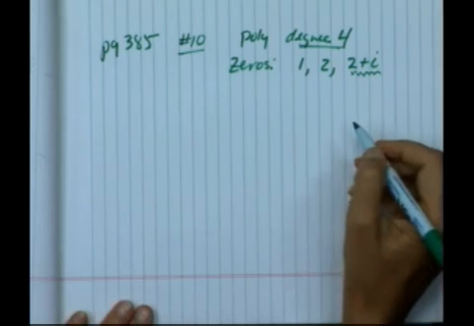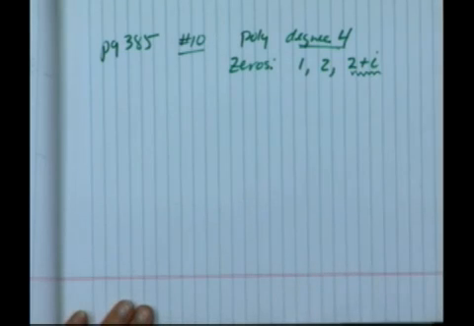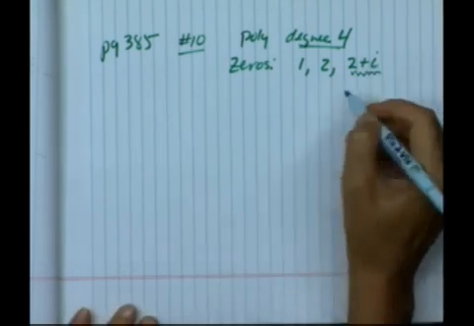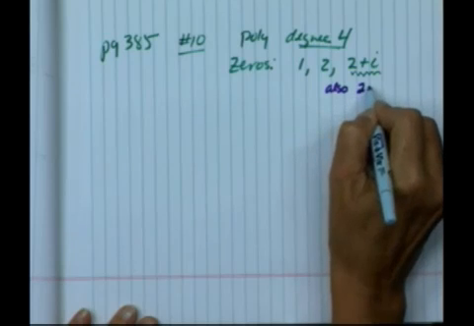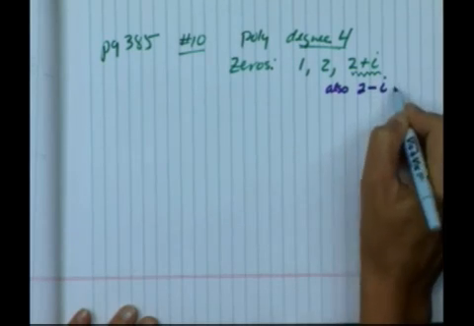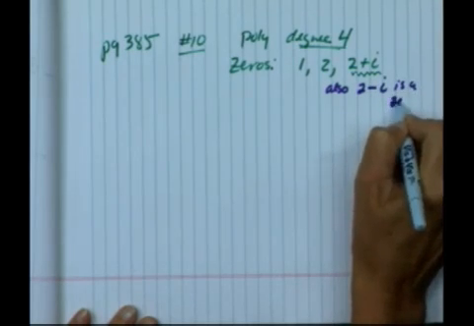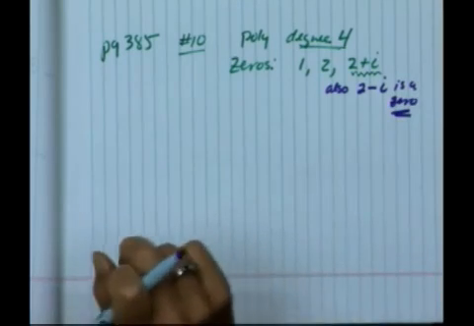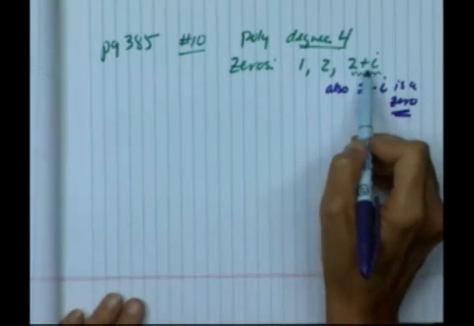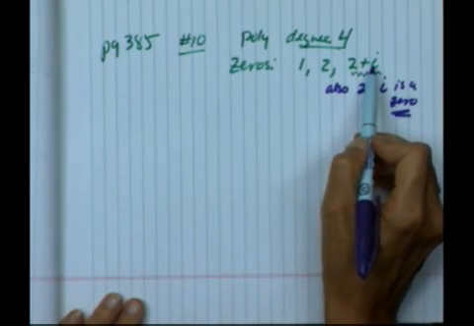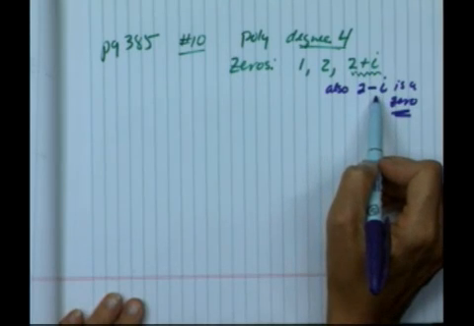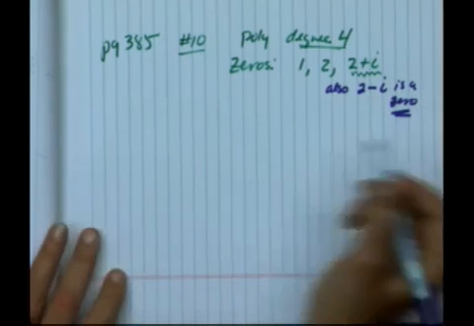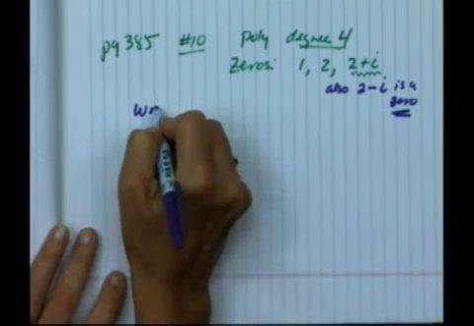What would that be? 2 minus i, its conjugate. Also, 2 minus i is a 0, because if one complex number, a plus bi, is a 0, then its conjugate is also a 0. Everybody good?